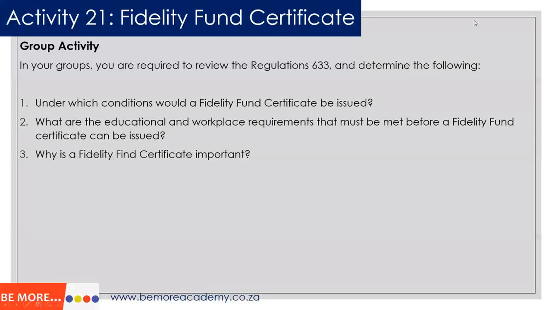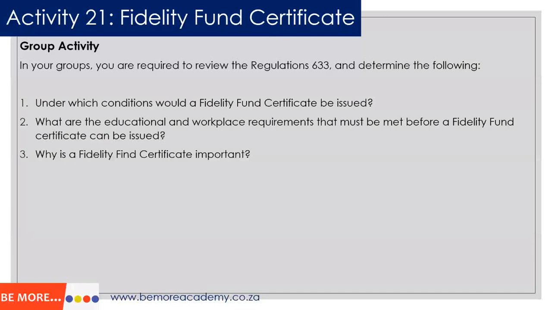If you've got your Fidelity Fund certificate, then you are covered under the Estate Agents Affairs Board insurance policy. So if there's any claim against you, you can be covered under that insurance policy, especially, say for instance, if trust money was lost or things like that.